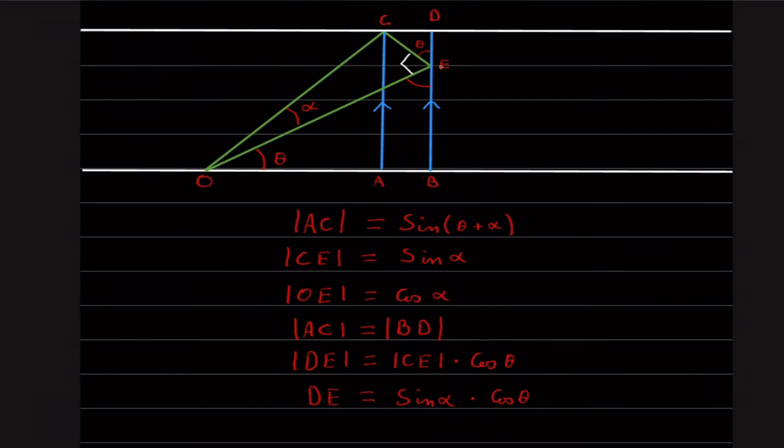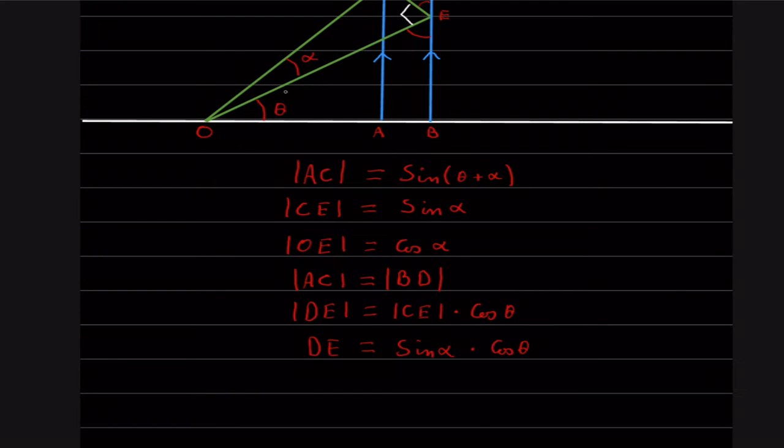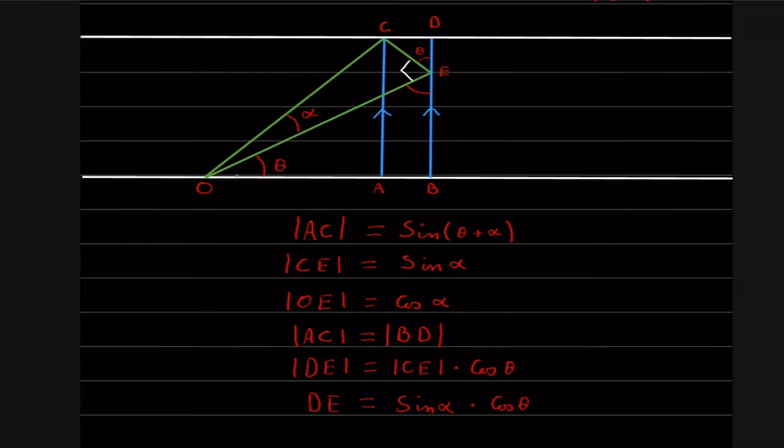And now let's try to get EB. So EB, we already know that EB should be the hypotenuse, which is OE, times the sine of theta.